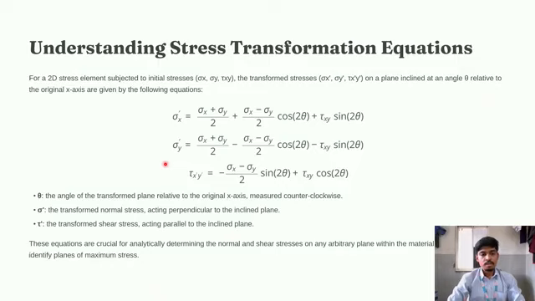Similarly for sigma y dash: it is (sigma x plus sigma y) divided by 2, minus (sigma x minus sigma y) divided by 2 into cos 2 theta, minus tau xy into sin 2 theta. Then for tau x dash y dash: it is minus (sigma x minus sigma y) divided by 2 into sin 2 theta, plus tau xy cos 2 theta.